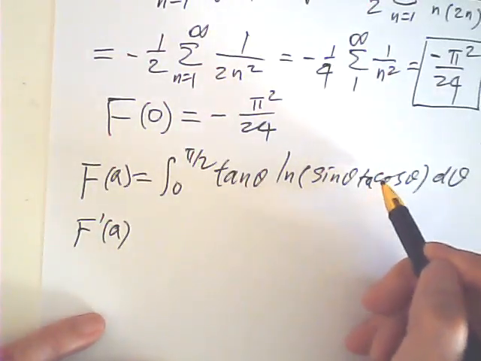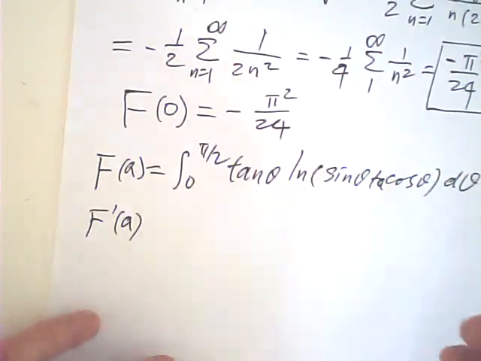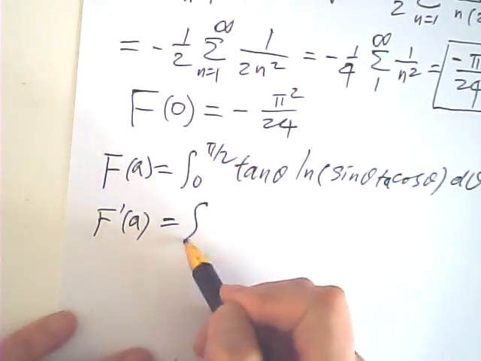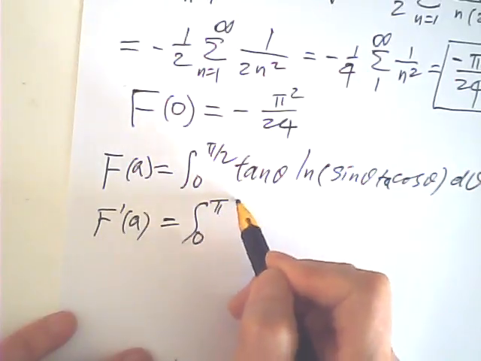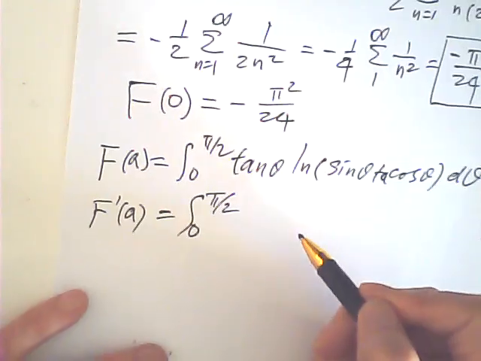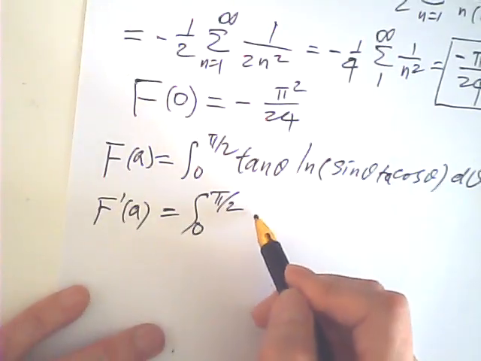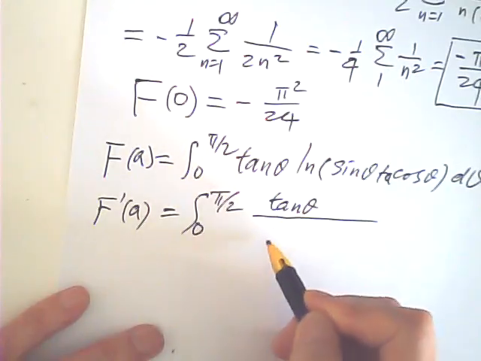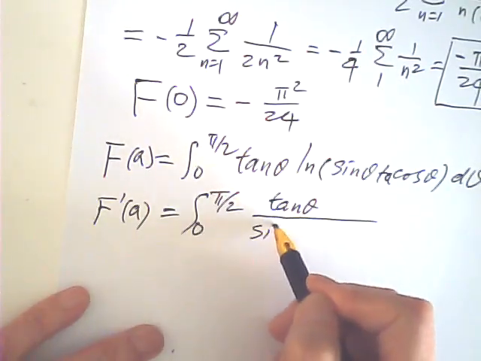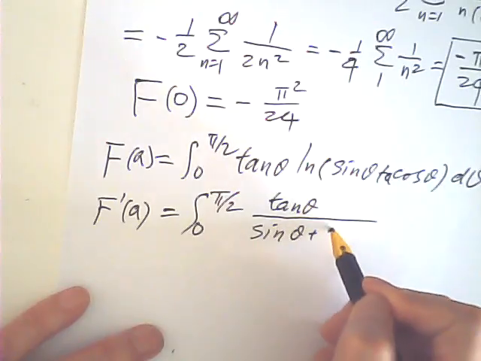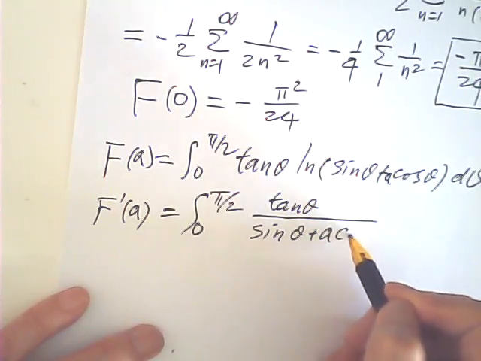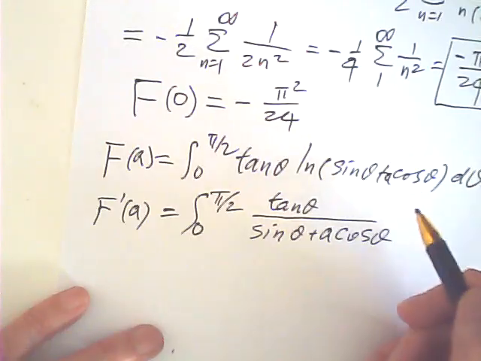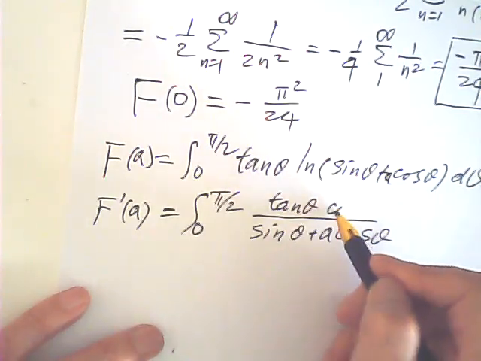So this derivative would be equal to the integral of pi, tangent theta. The log derivative will be this, plus a cosine theta. By the chain rule, times this derivative with respect to a, that is cosine theta.